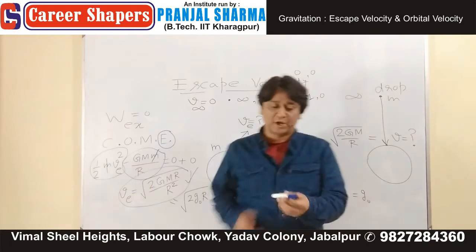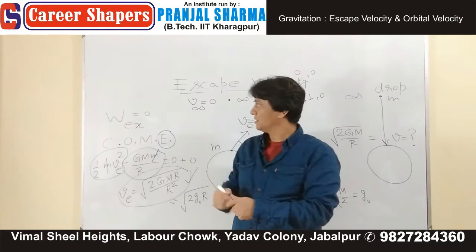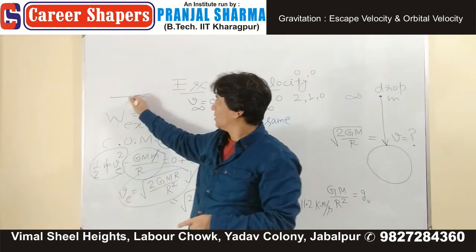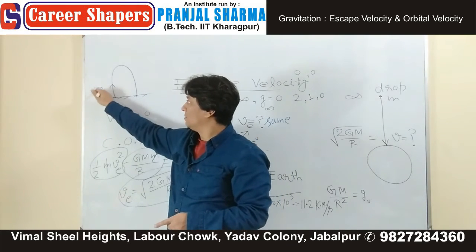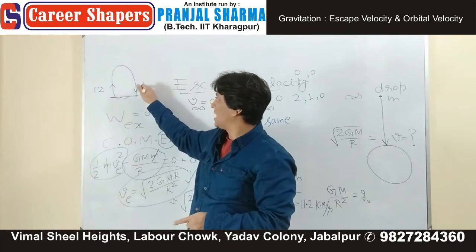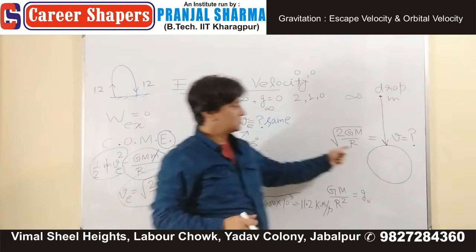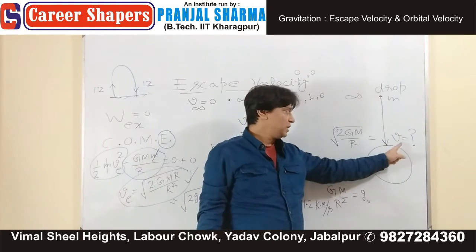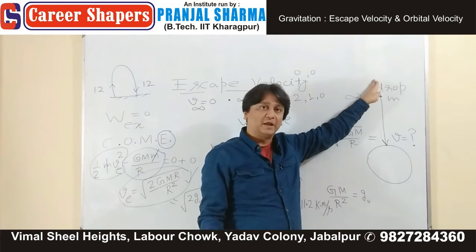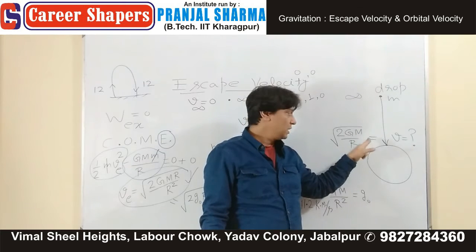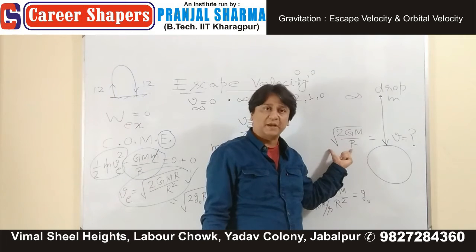When you throw an object up and let's say it starts with 12 meters per second, it also falls back with the same speed of 12. Same thing is happening here. If you project with VE, it reaches infinity. If you drop it from infinity, it will come back and hit the surface of Earth with the same speed.